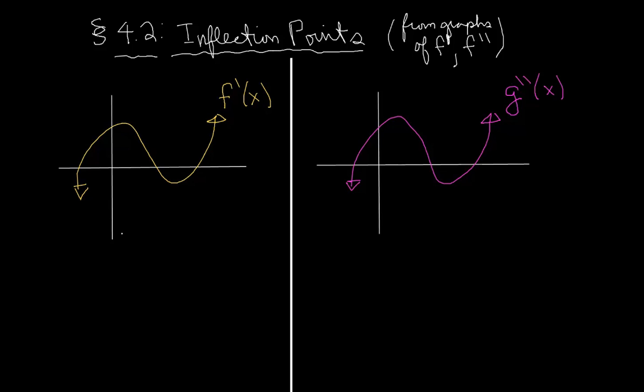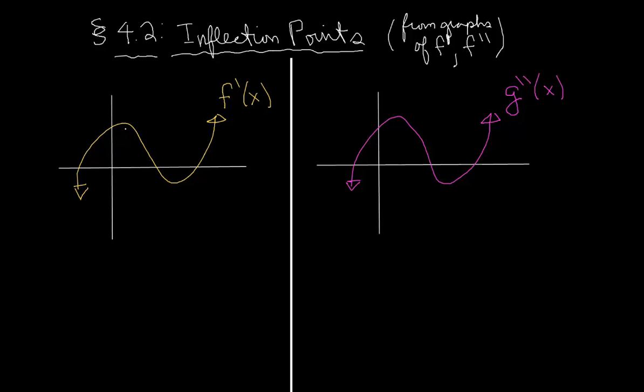So all I have to do is find where the derivative is increasing. That's going to tell me where it's concave up. On the other hand, to tell if I'm concave down, I can check if the first derivative is decreasing. And so for an inflection to happen, the first derivative needs to go from increasing to decreasing, or vice versa, decreasing to increasing.